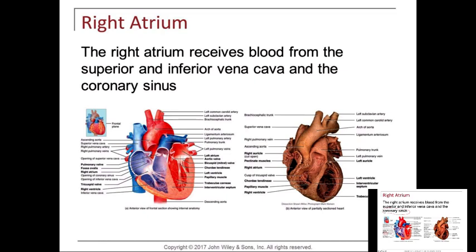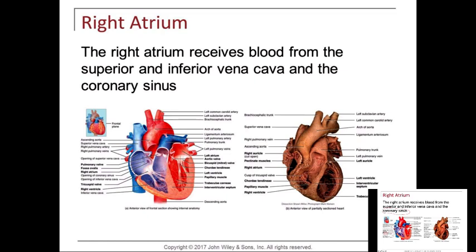All the deoxygenated blood from the brain and the facial muscles and the muscles of the arms comes in through the superior vena cava, and all the abdominal organ deoxygenated blood and all the blood from the lower extremities has to find a way into the right atrium from the inferior vena cava.